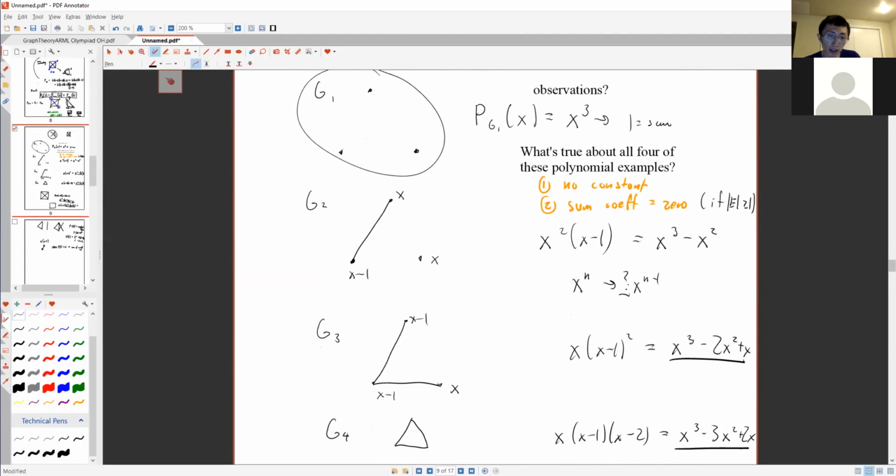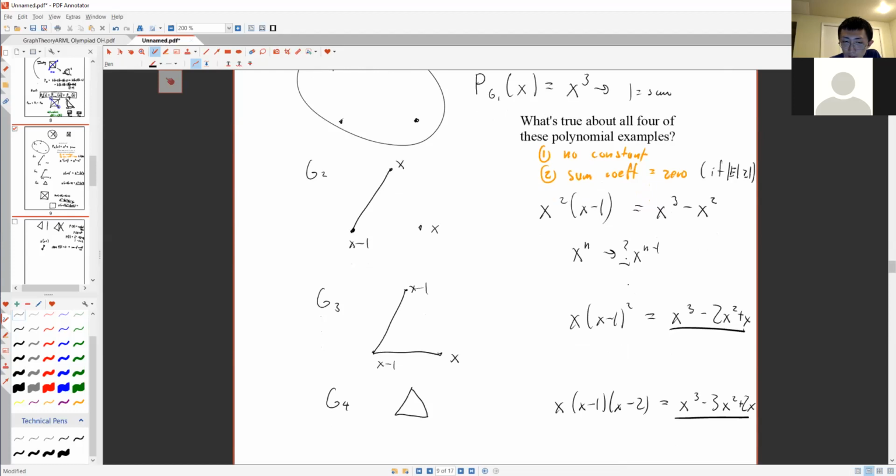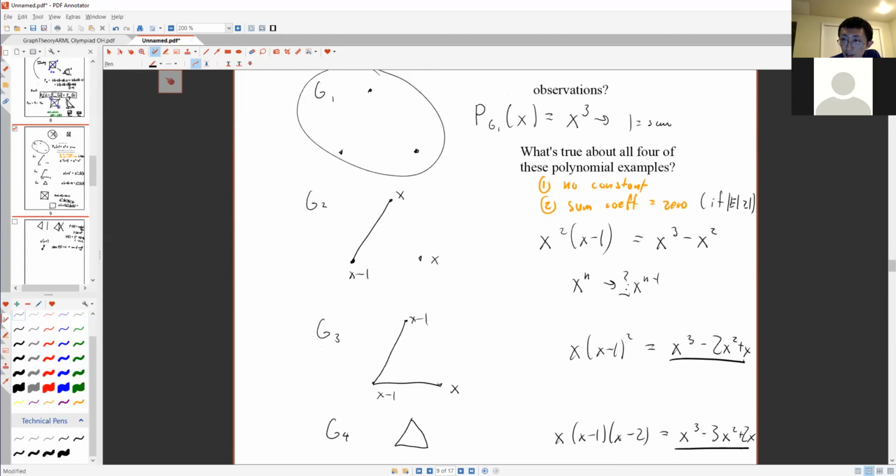So Kayan says negative. Yeah, it is always negative. Is there anything special about the number in relation to the graph? Number of edges? Yeah, it looks like it's the number of edges.